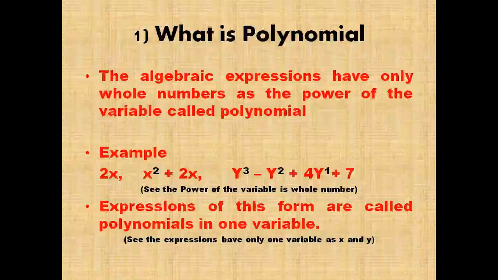In that expression, the power of the variable is a whole number. Whole numbers are 0 to positive infinity: 0, 1, 2, 3, 4, 5, 6 and so on. So any expression whose variable has a power that is a whole number is a polynomial. Examples are given below. See 2x, where the power of x is 1.